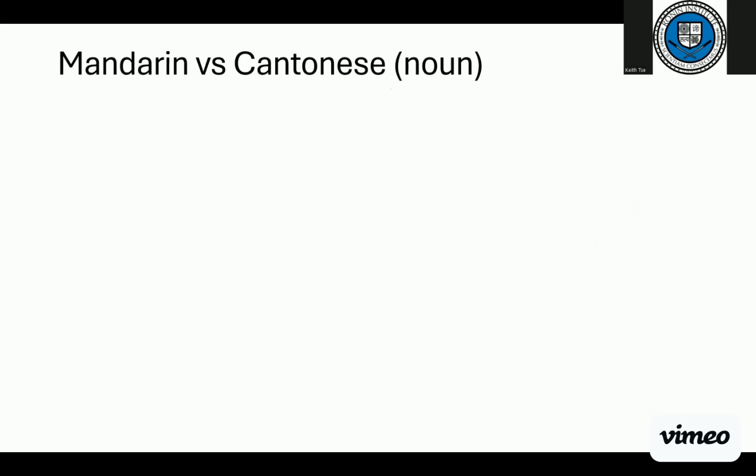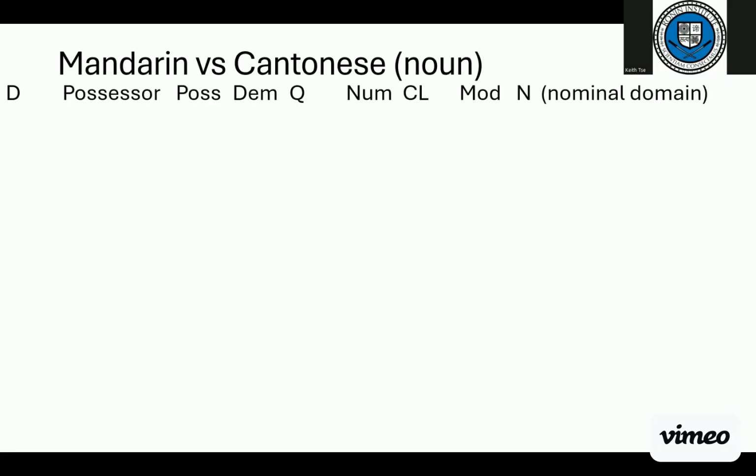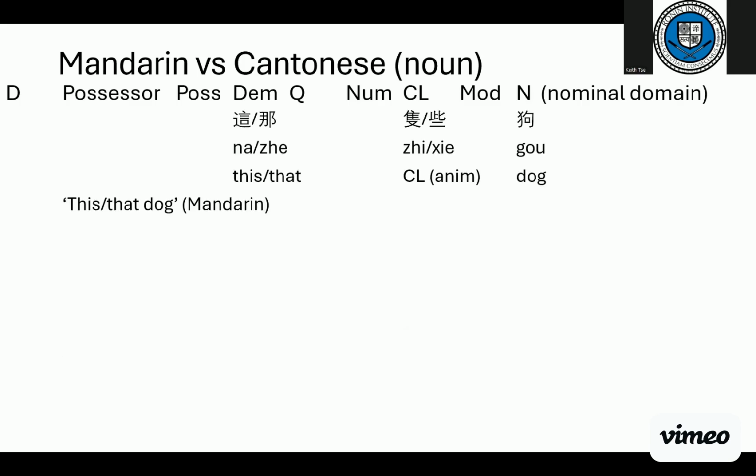And finally, in terms of the noun structure, there are also some micro variations that are worth noting. If we look at the noun structure, this is the typical Chinese noun skeleton. In Mandarin, we could say 这狗 or 那些狗, demonstrative, classifier, then noun.